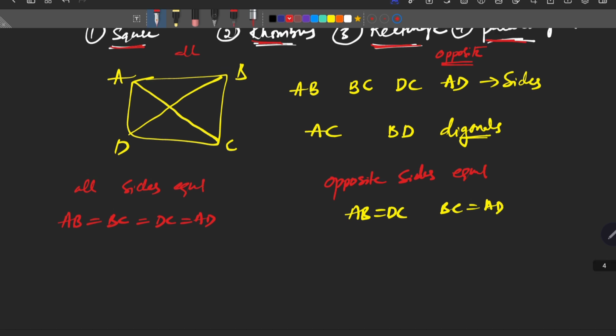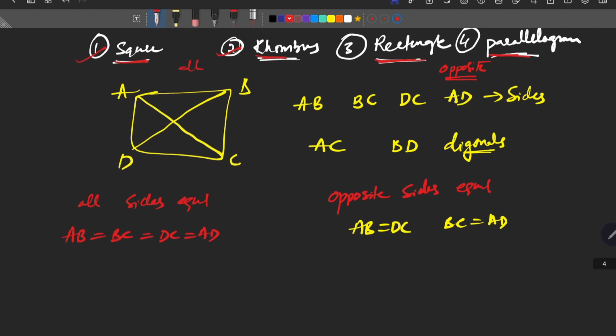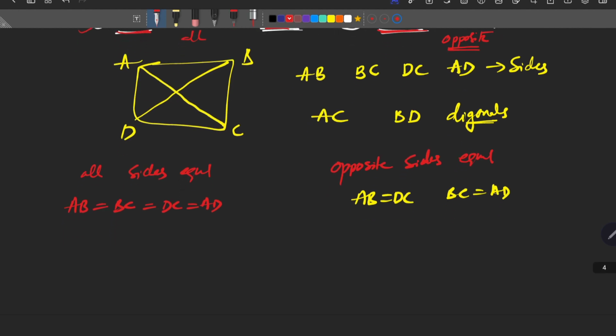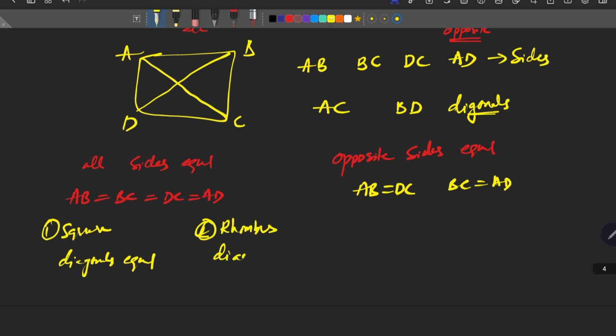How can we differentiate between a square and a rhombus? In a rhombus all sides are equal, and in a square also all sides are equal. But the special property is that in a square the diagonals are equal, whereas in a rhombus the diagonals are not equal.